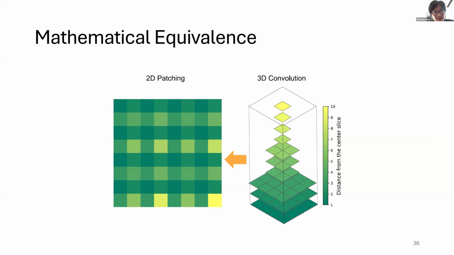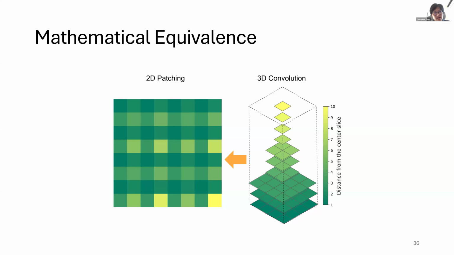So after flattening this, the pixels in the patch become no different than doing a 3D convolution, but with some downsampling. Effectively, it's doing the same thing. It's a weighted sum or weighted average, or a linear transformation of all the pixels or voxels in the original space, but with some adaptive resolution downsampling.